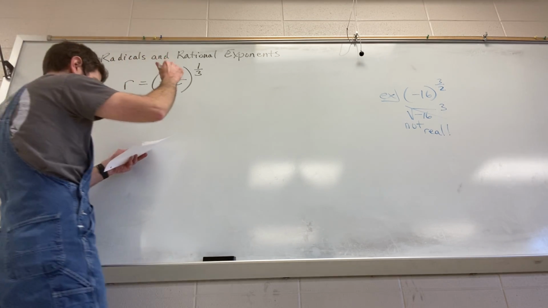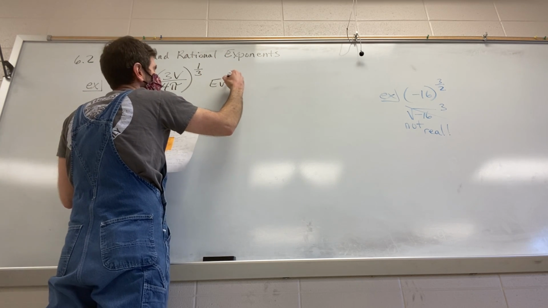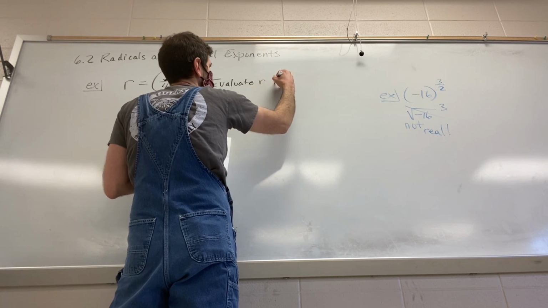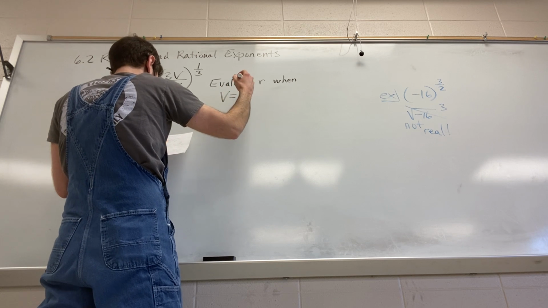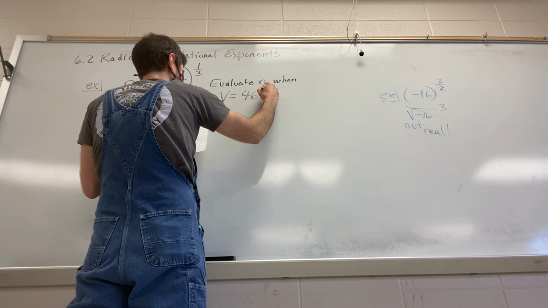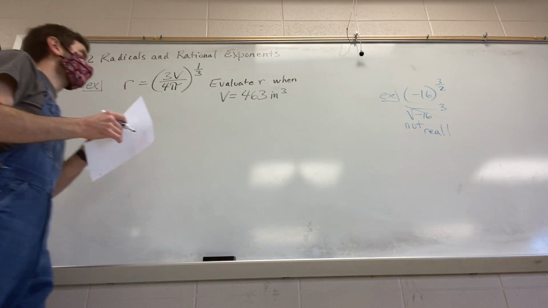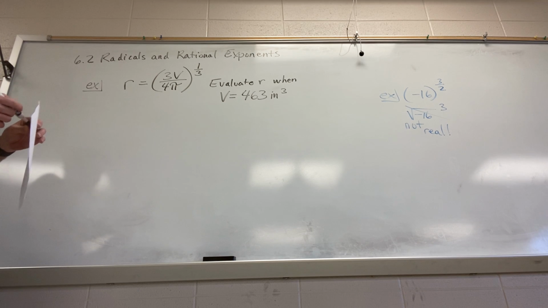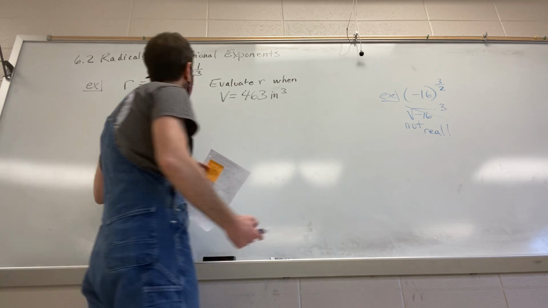All right, so here's the thing. We are to evaluate R when V is equal to 463 inches cubed. I will double check in the book and see what this problem is actually talking about, but this is what we have to figure out.